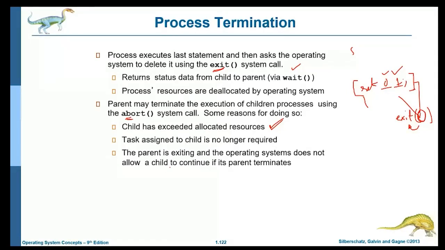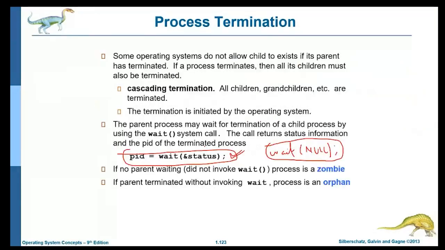In those cases, when the parent is trying to exit and the child has not completed whatever it has been doing, the parent can abort the child and say, you stop because I need to stop. Also, some operating systems, as I told, do not allow the parent to exit first before the children. If it's a good process, then it will abort the children first and then exit.